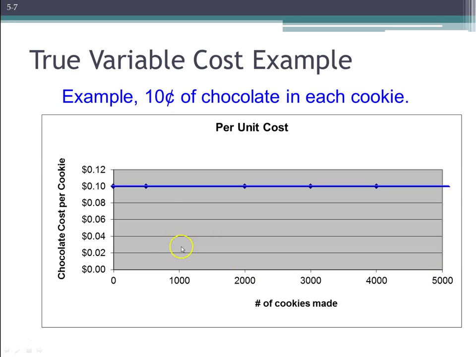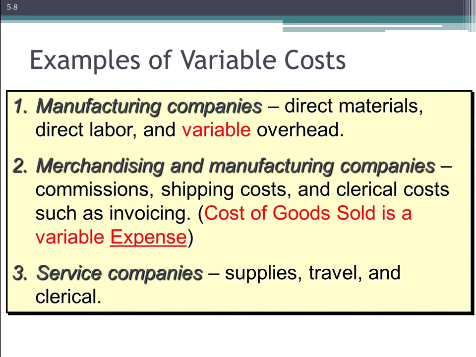Doesn't matter if we make 1,000 cookies, or it doesn't matter if we bake 5,000 cookies. The cost per unit, the cost per cookie of chocolate would still be 10 cents, right? So we're still going to have 10 cents of chocolate in our first cookie, and we're going to have 10 cents of chocolate in our 5,000th cookie. Doesn't matter, on a per unit level, variable costs stay the same.